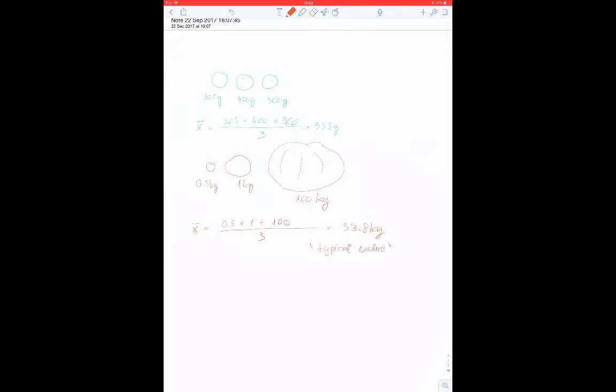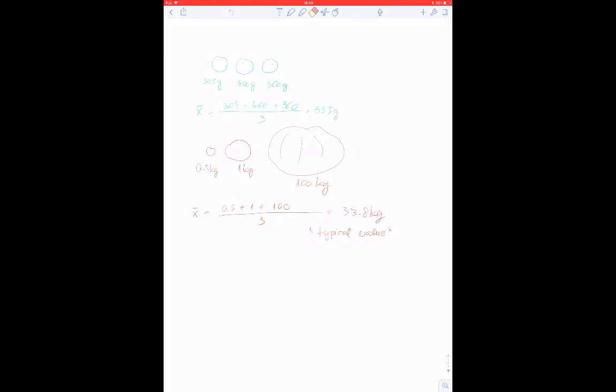So what to do in such a situation? It looks like we cannot represent a set of these pumpkins with just one value. So we discovered that 33.8 kilograms is not a good value to describe a pumpkin dataset. There is no typical pumpkin.